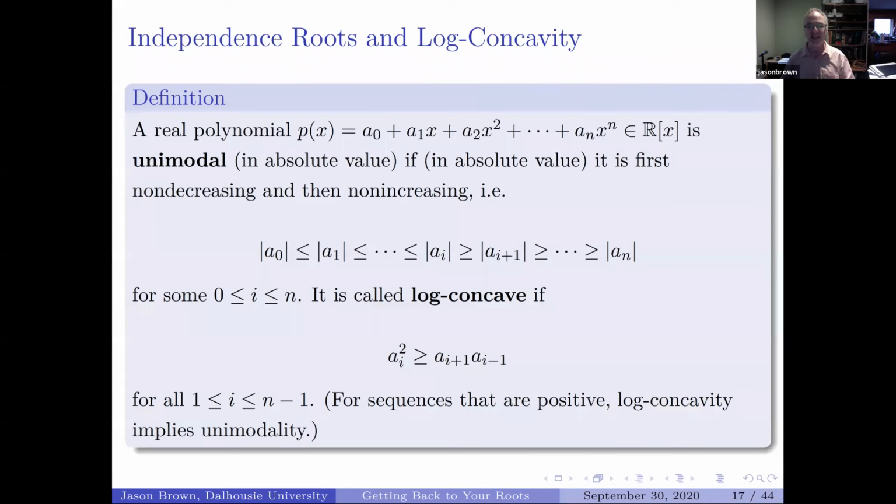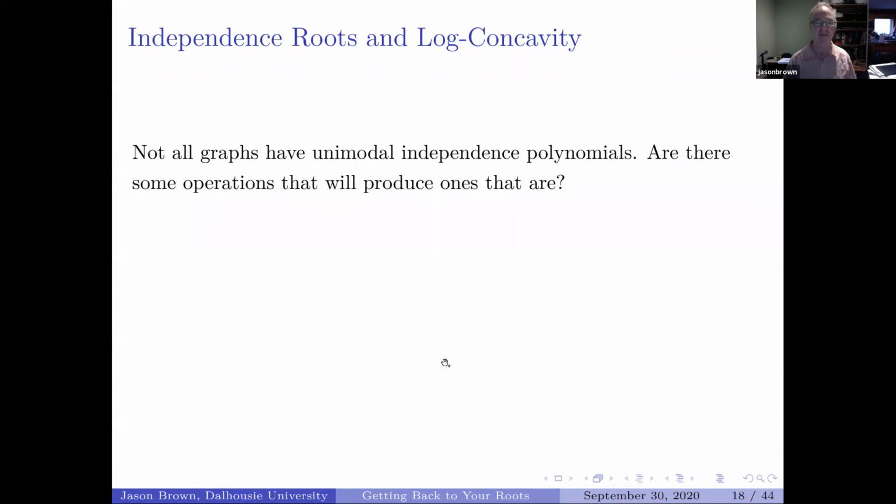The key thing is that for unimodality, you may be unsure of where to conjecture the peak is. For log-concavity, you don't require knowing where the peak is. If you prove something is log-concave, it will therefore be unimodal and have this kind of shape, even though you don't know where the peak is. And that's the advantage of looking at log-concavity.